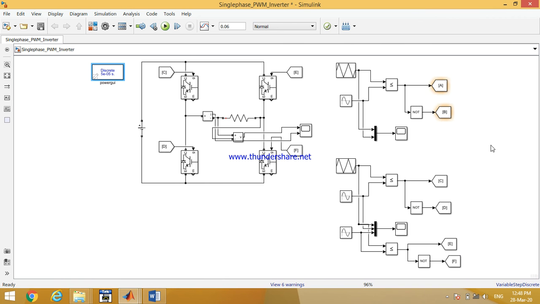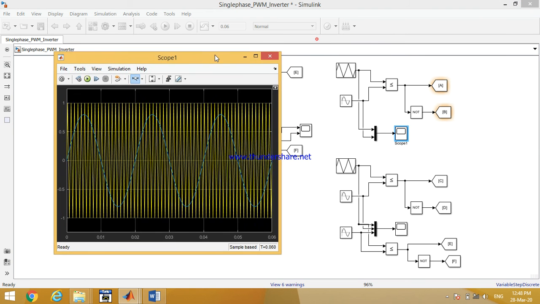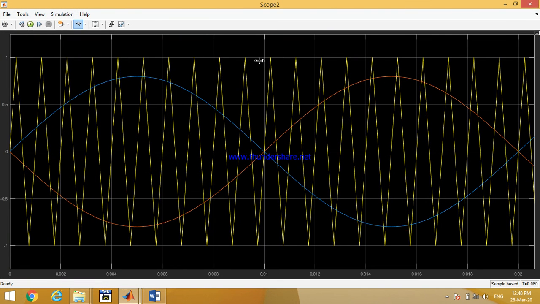So similarly we can simulate this circuit with different PWM techniques. Right now it is simulated with bipolar and unipolar output voltage waveforms, right? You have seen this is our one configuration scheme, that is bipolar and unipolar, right?